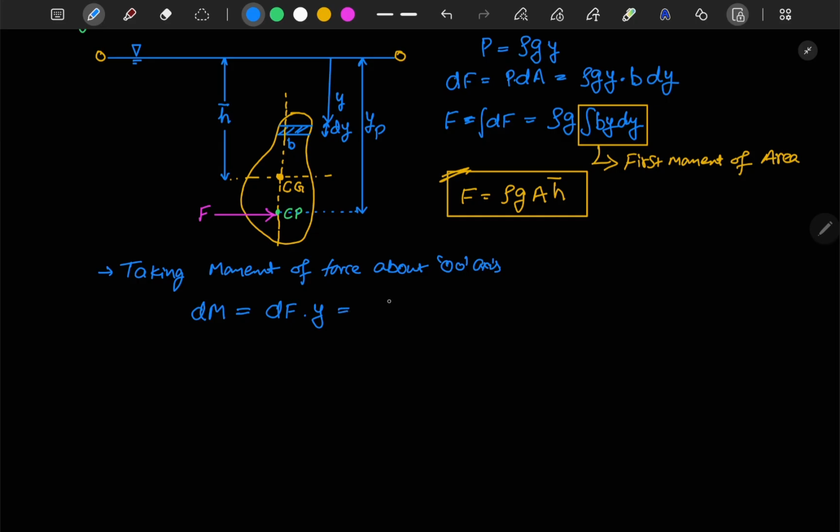Okay, and I can write it as rho g times b times y square dy.